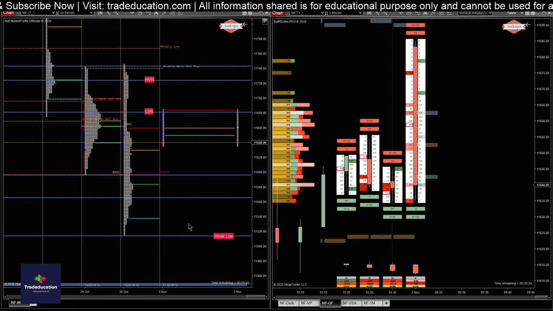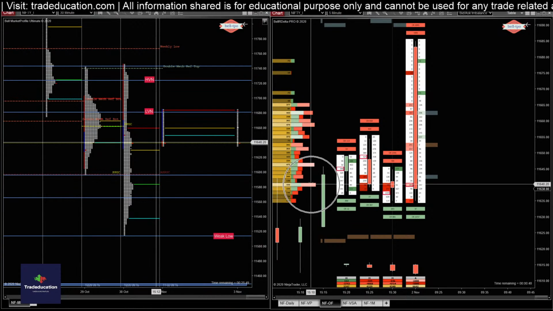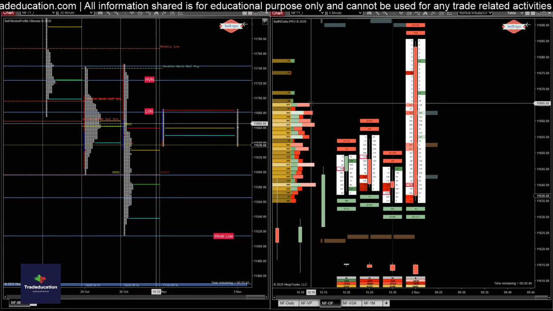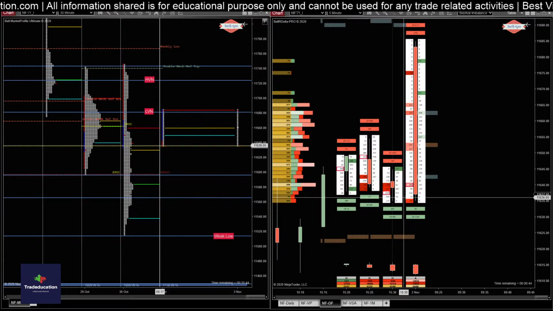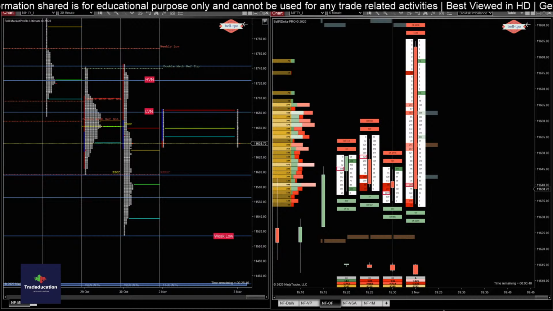So overall, if you see, the tempo is slowing down. Here momentum sellers are stepping in. This level, all these levels are where momentum sellers are. Expect a good push to the downside.